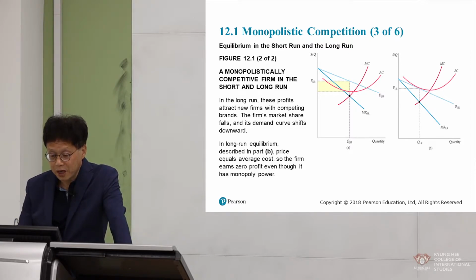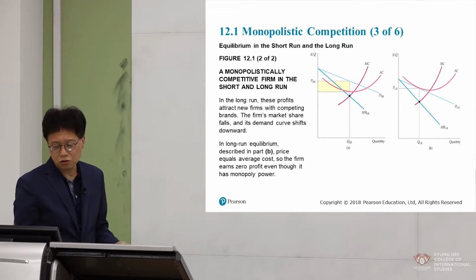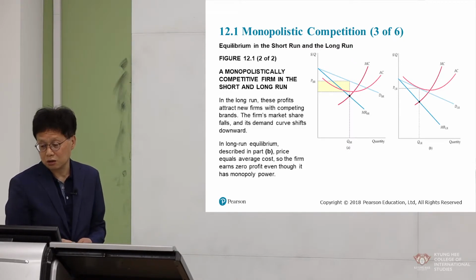The firm's market share falls and its demand curve shifts downward. In the long-run equilibrium described in part B of figure 12.1, price equals average cost. So the firm earns zero profit even though it has monopoly power. Okay? Actually, you studied this in Mankiw's Introduction to Economics book.